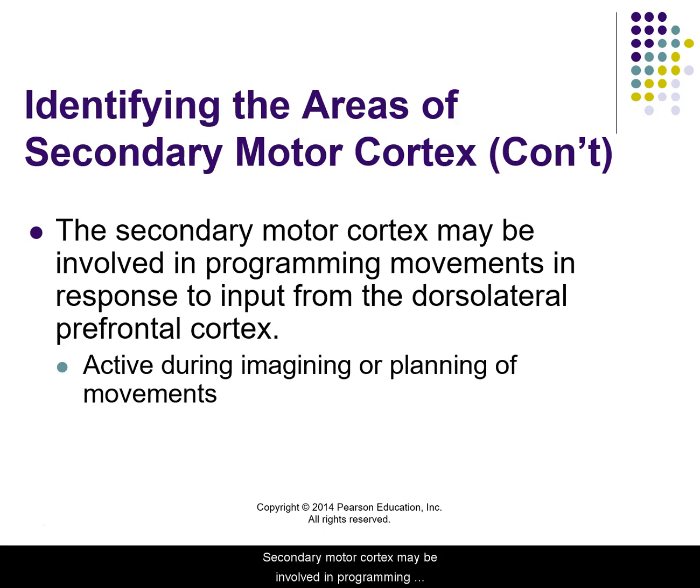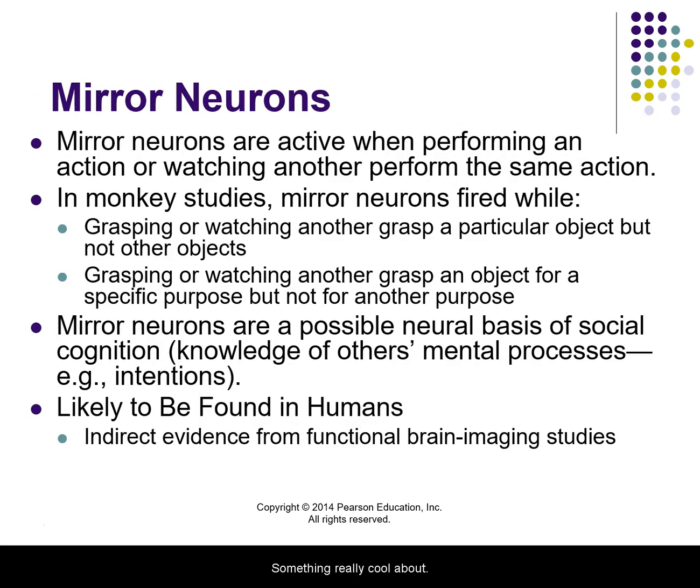The secondary motor cortex may be involved in programming movements in response to input from the dorsolateral prefrontal cortex. So it is active during imagining or planning of movements. Something really cool about the secondary motor cortex are mirror neurons.